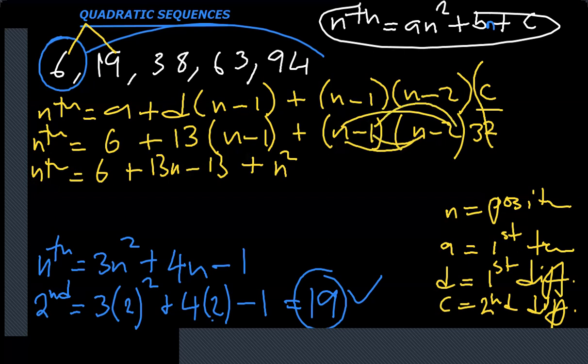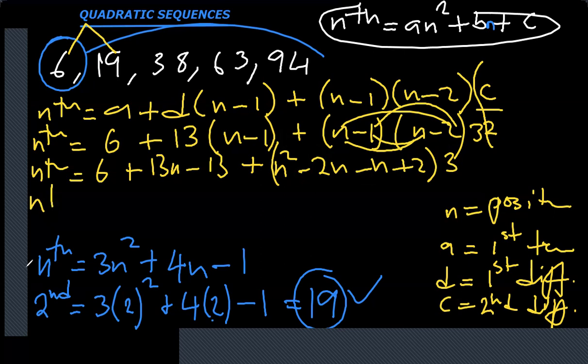So we get n squared, and I'll just do this because there's still a 3 we're going to multiply with: n squared minus 2n minus n plus 2. Everything should be multiplied by 3.